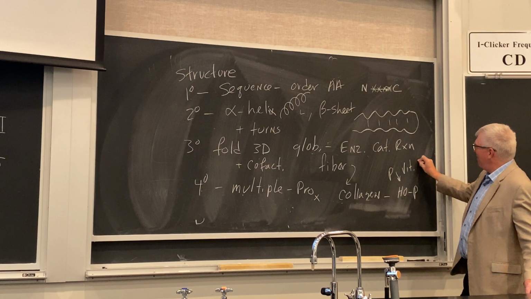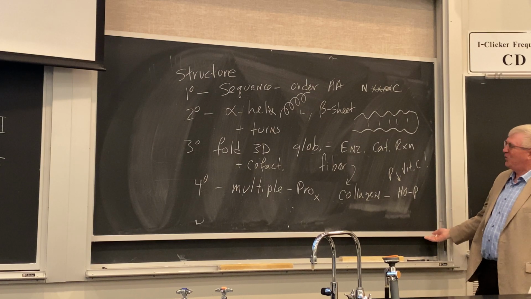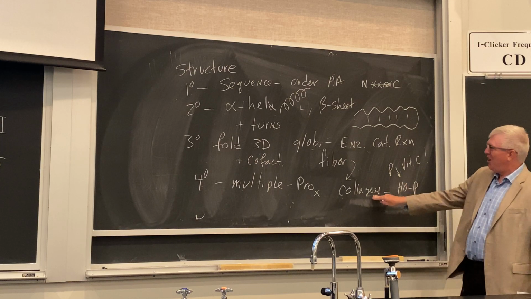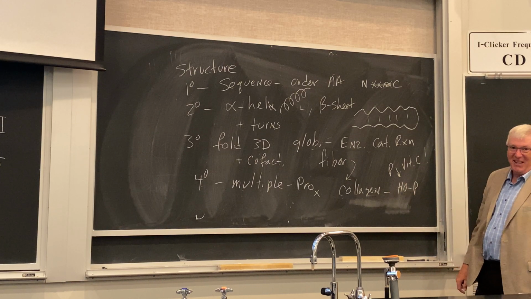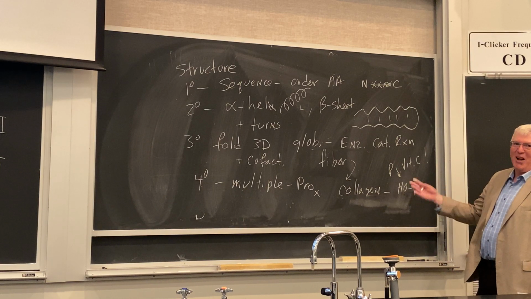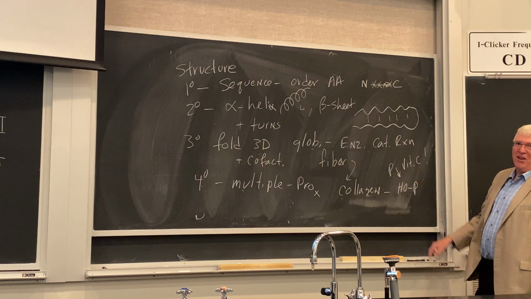Vitamin what? Vitamin C. Now, if vitamin C is not in your diet from fresh fruits and vegetables, guess what? You don't make hydroxyproline and your collagen's not very strong. And you get a disease called what? Scurvy. That's right. It's a historical disease that sailors often suffered from this. The British finally figured this out. That's why they're called limeys.